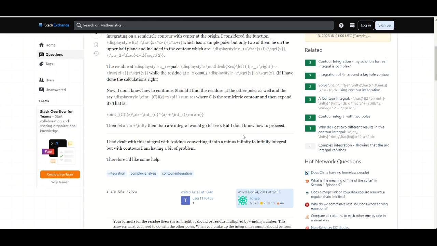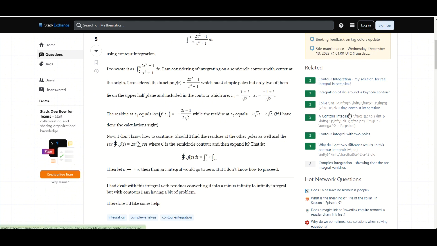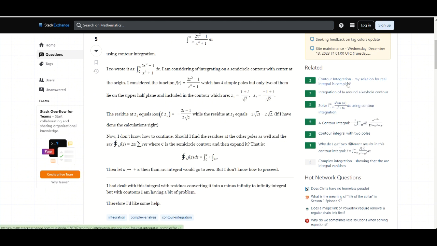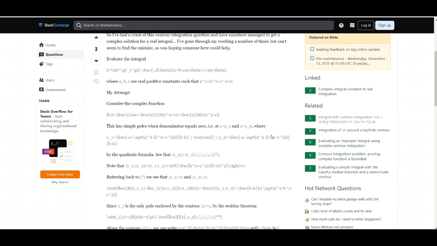So that's 1, 2. I believe that's an integral, yeah.